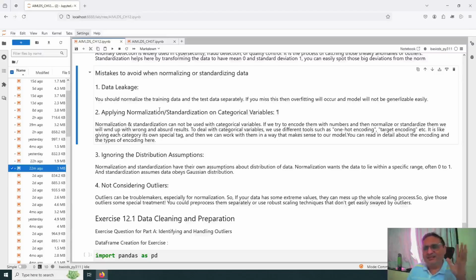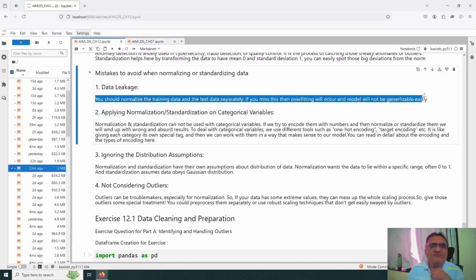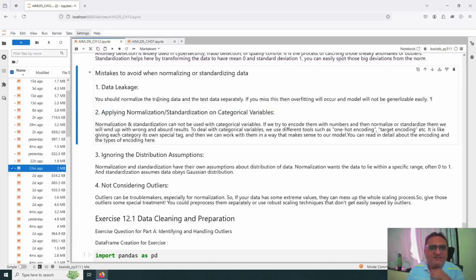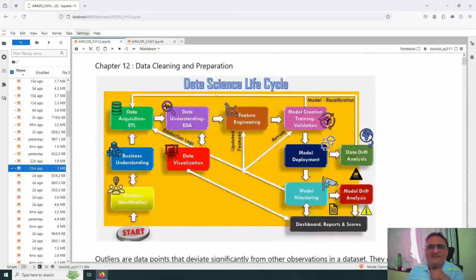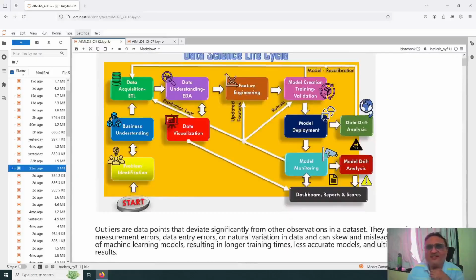And then do standardization and move further in the data science life cycle. But you should ensure that when you standardize or normalize, you do it on the training data and the test data separately. Now, what is this training data and test data? I think we have had that discussion somewhere earlier. But here, after this process, the next stage is model creation.